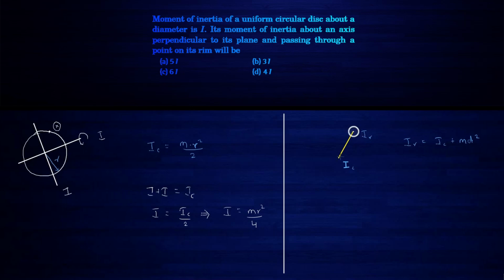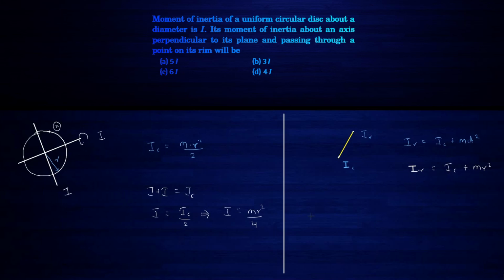We know D is equal to R. So IR equals IC plus M R square.